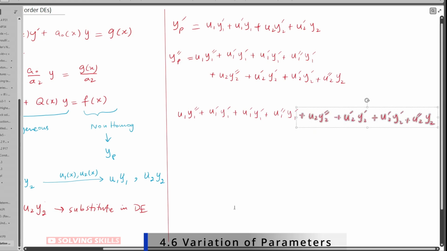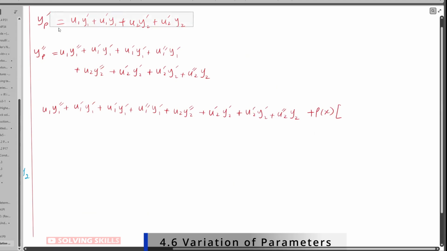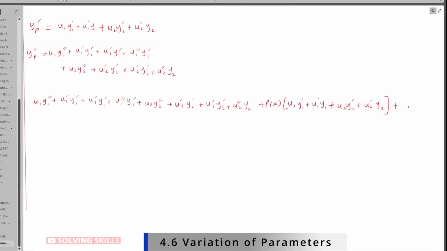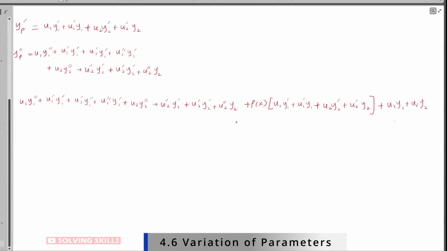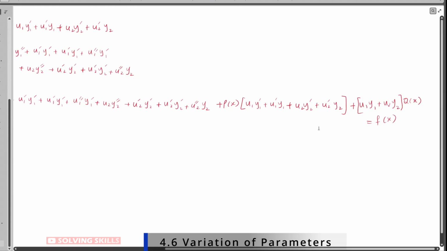So all of this will be there. And then plus p of x into y prime, right? So I'm going to copy all of this. And then yp, which is u1 y1 plus u2 y2, and all of this will be equal to f of x. So here there is going to be q of x as well, because the last term, yp, is with q of x.